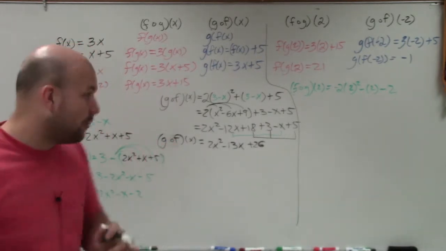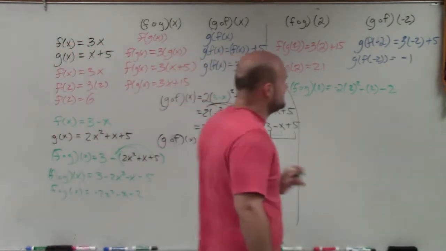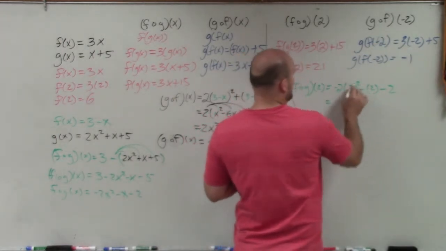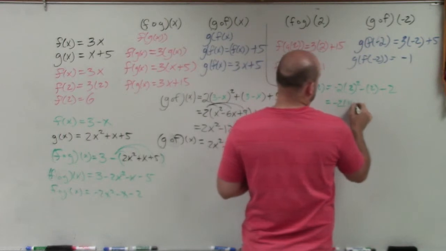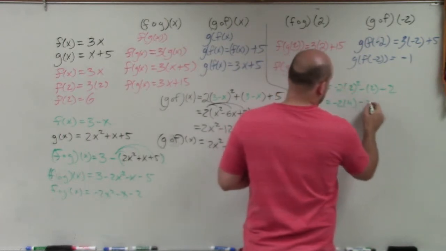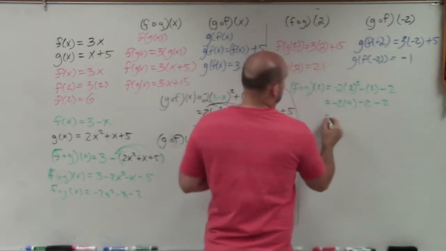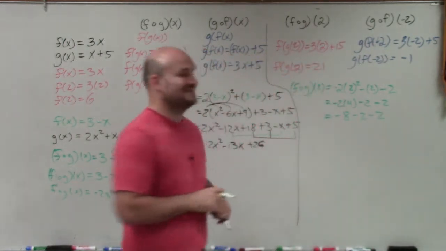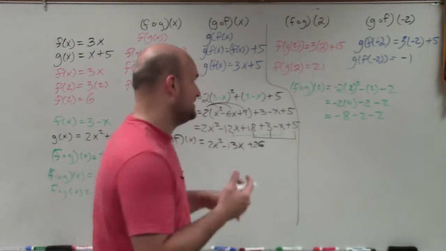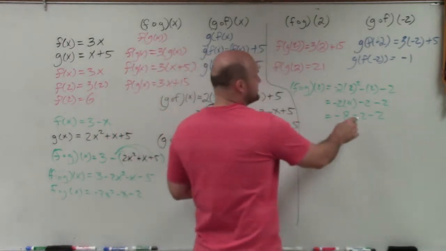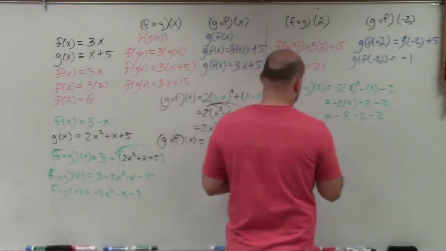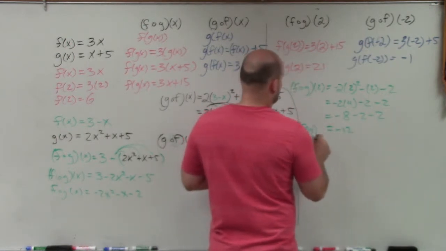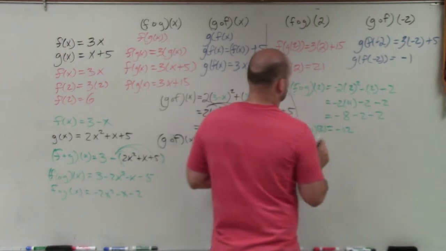It's very, very important to use those parentheses, because that's where a lot of students make their mistakes. So that becomes 2 squared, which is 4. So I have negative 2 times 4 minus 2 minus 2. Negative 2 times 4 is negative 8 minus 2 minus 2. I did these out just because this can get kind of confusing. So you have negative 8 minus 2, which is negative 10, minus 2 is negative 12. So f of g of 2 is negative 12.